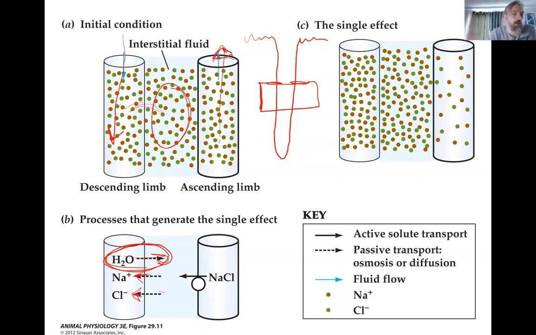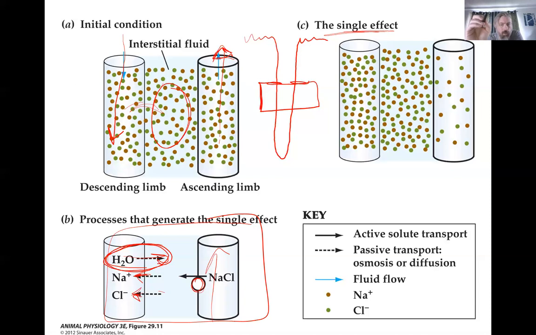In the ascending limb, the one coming up, we are impermeable to water, mostly, and we are actively pumping out sodium. The combination of these different processes gives us what we're going to refer to as the single effect, which results in different concentrations in different parts of the loop of Henle.